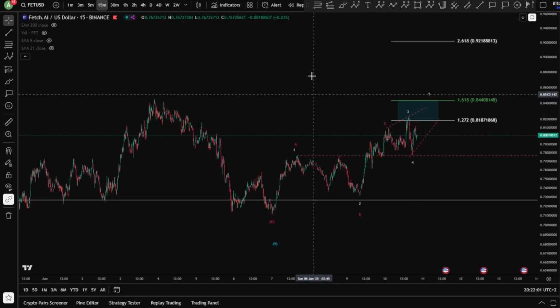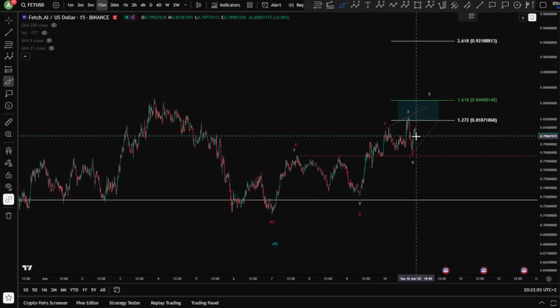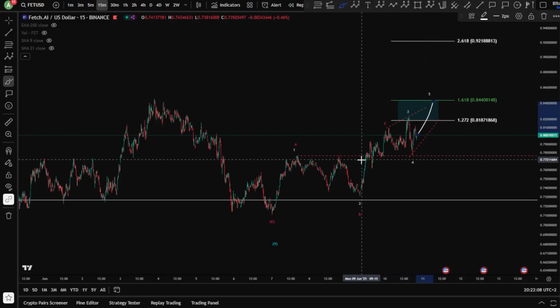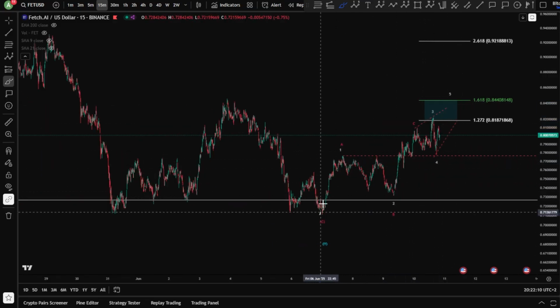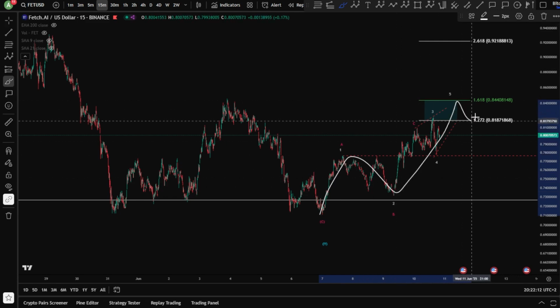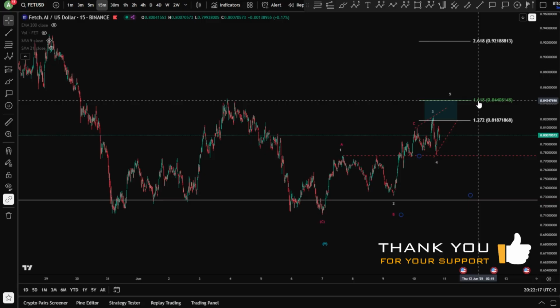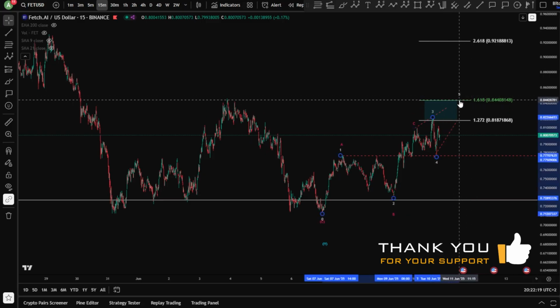However, if we don't see higher prices to finish this impulse, we cannot yet consider this as a wave 1, 2, 3, 4 and a 5. I would like to see the 1.618 still at least hit as a wave 5.